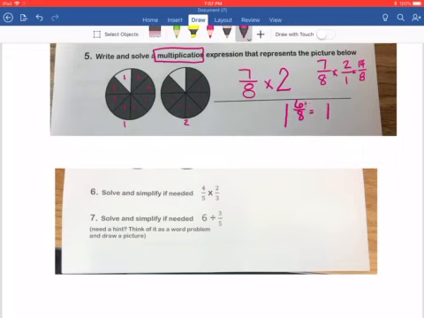So if I divide 6 by 2, I get 3. If I did 8 by 2, I get 4. So your actual answer is 1 3/4. All right, moving on.